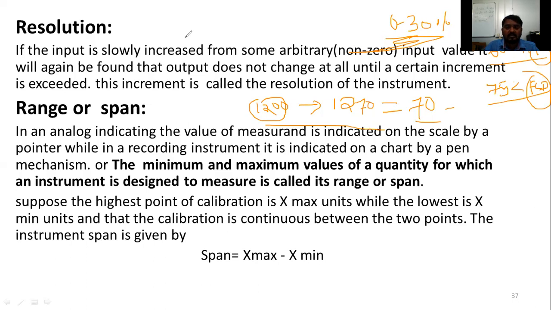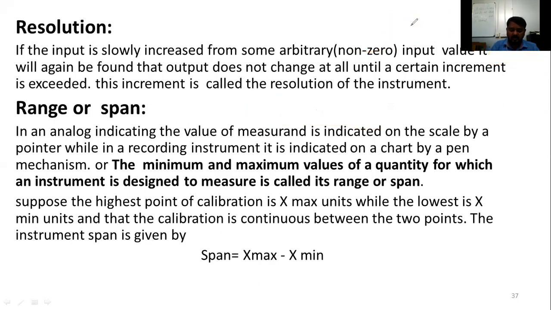Why is the range necessary? Suppose we have to measure 20 ampere, but the meter reads only up to 10 ampere. Is it possible to measure 20 ampere? No. The meter range is 0 to 10 ampere, but I want to measure 20 ampere.